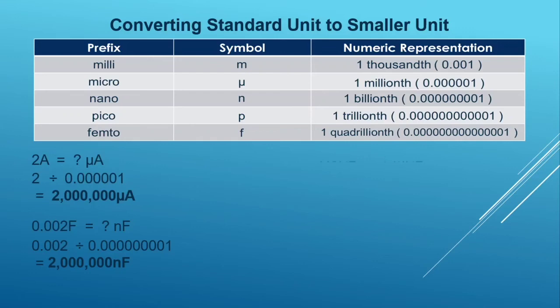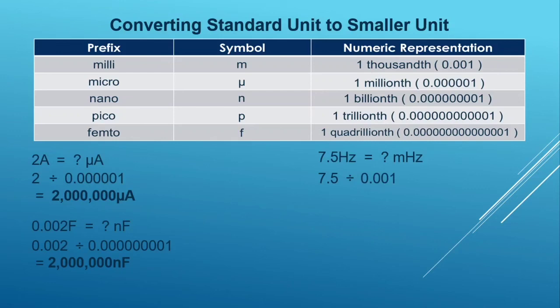Let's have the third example. 7.5 hertz. You're going to convert it to millihertz. So first, we have the 7.5 value. Then you're going to divide it by the numeric representation of milli, which is 1 thousandth or 0.001.